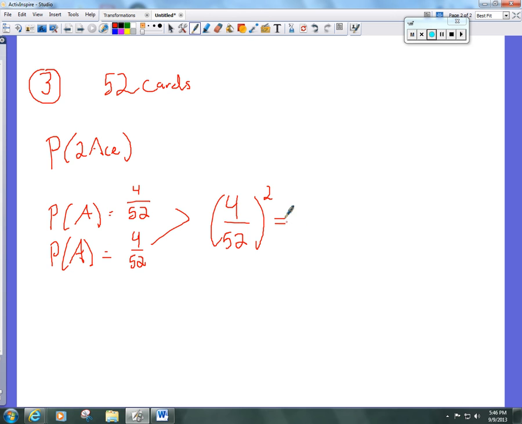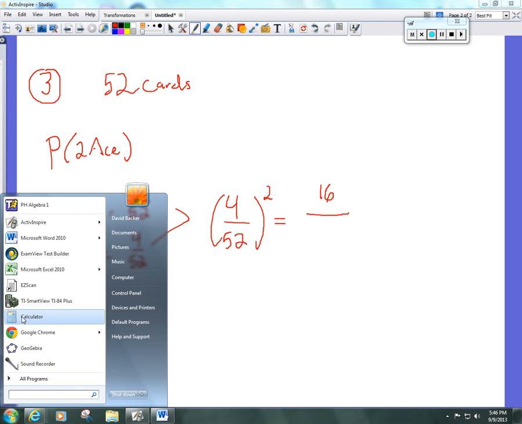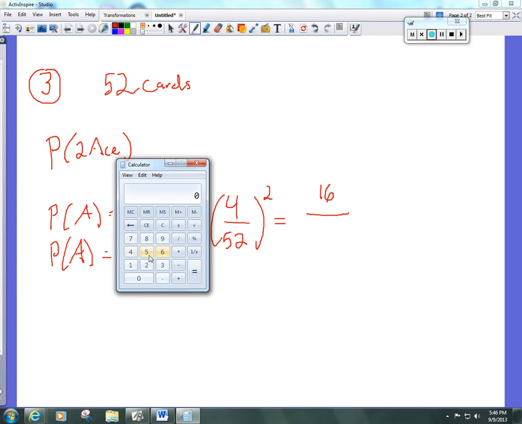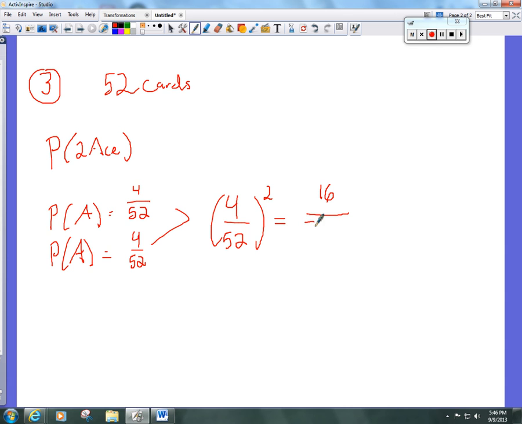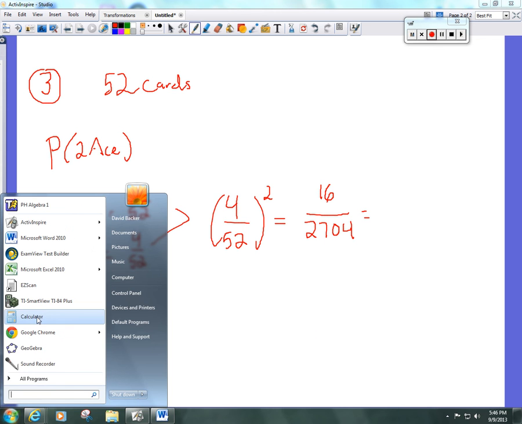And I know obviously 4 squared is 16, and 52 squared, I do not know off the top of my head. Let's go to my handy dandy calculator here, and let's say we have 52 times 52, and I get 2,704. So I record that, 2,704. I'll actually find an exact probability here.